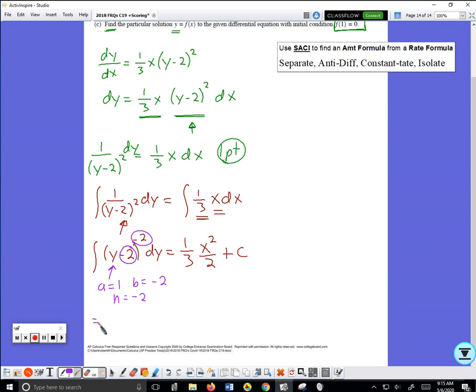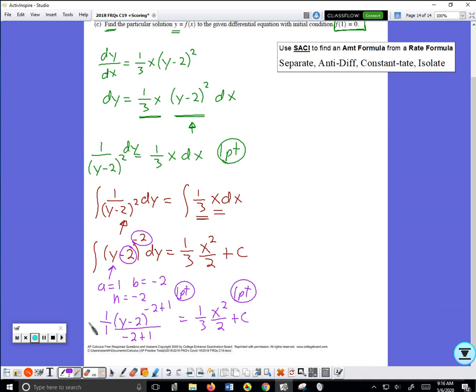So this becomes 1 over a, (y minus 2) to the negative 2 plus 1, all divided by negative 2 plus 1, equals 1/3 x squared over 2 plus the constant. They gave 2 points this time for the antiderivatives. So 1 point for each antiderivative. 1 point here, and another point here, total of 3 so far.